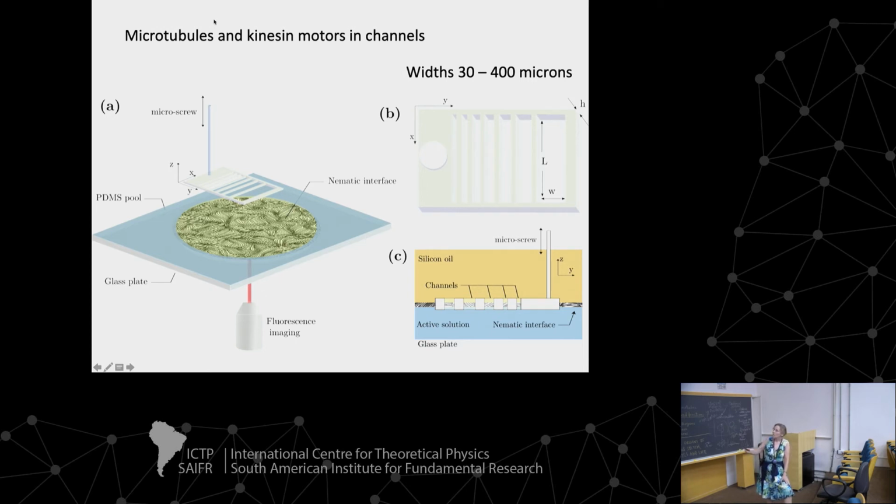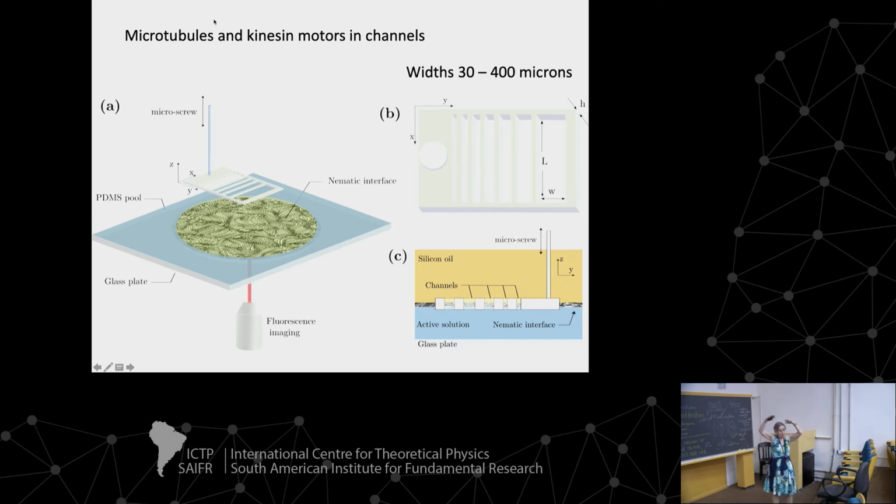So what they did is put a two-dimensional layer of this microtubule motor mixture. So this active stuff here is in a two-dimensional layer. And then they wanted to compare what was happening in channels of different widths. So what they put on top of it is a mask like this, so that there was a narrow channel, a wider channel, a much wider one, and so on.